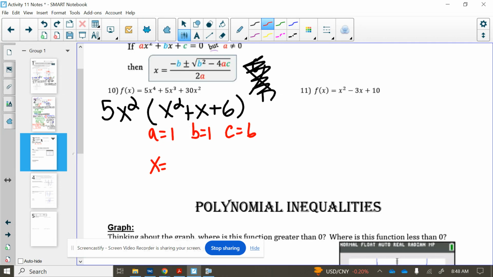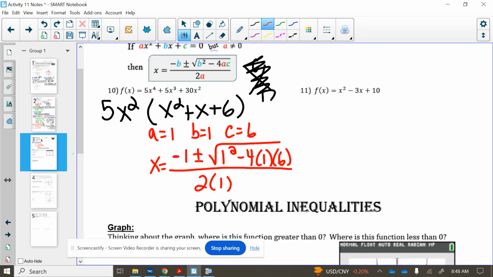And we could take x equals negative b, so negative 1, plus or minus the square root of b squared minus 4 times a times c, all over 2a. And essentially what is happening here then is when we simplify, we end up with negative 1 plus or minus the square root of negative 23 over 2, which we know that negative 23 can become i square root 23 and then all over 2.